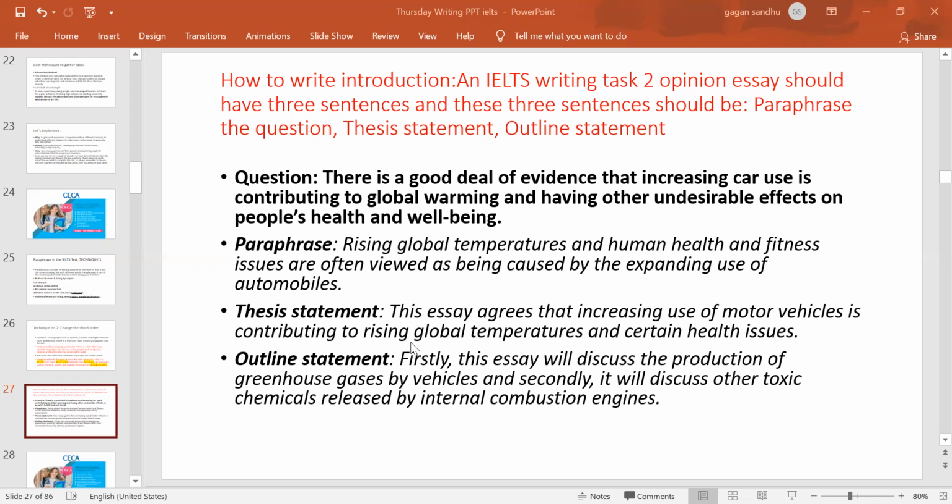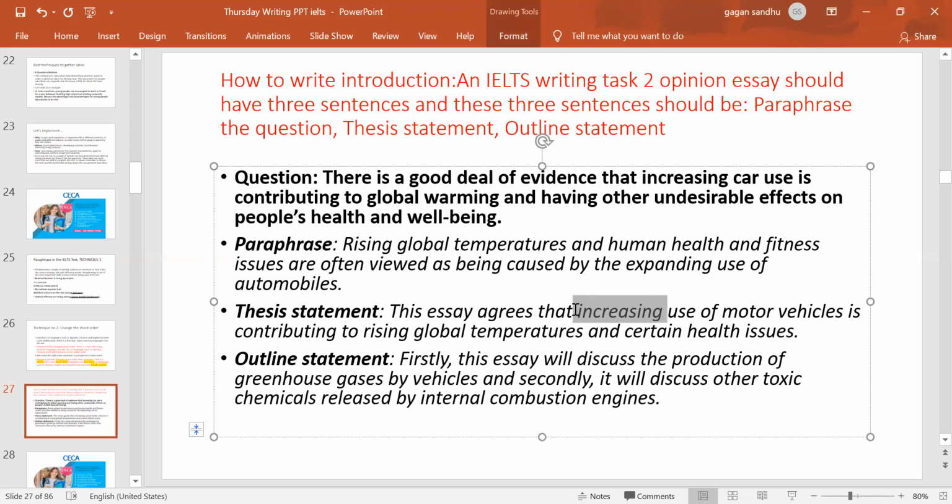So here maybe you can change these things as well. Here it is expanding, here it is increasing. So maybe for me this word changes to escalating, right? Escalating usage, it says use, I say usage.